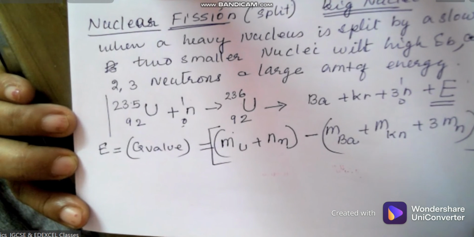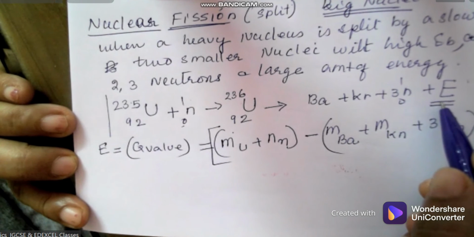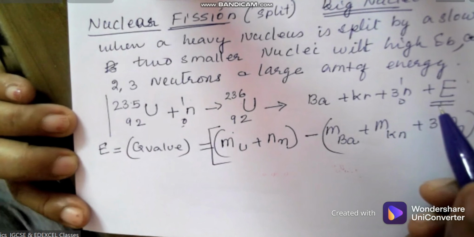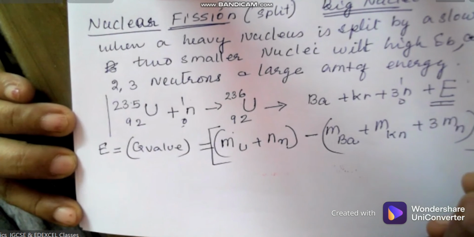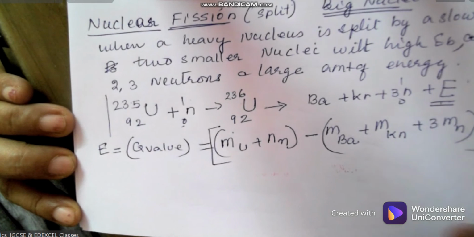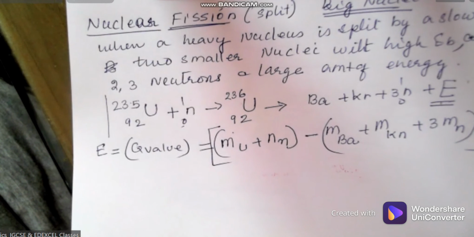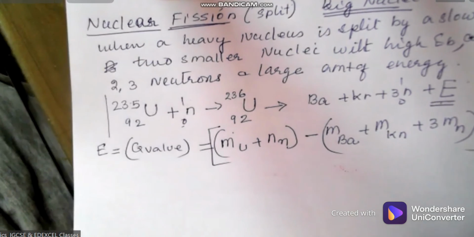This times C square. This is how you find how much of energy is released. Now this is also called Q value.